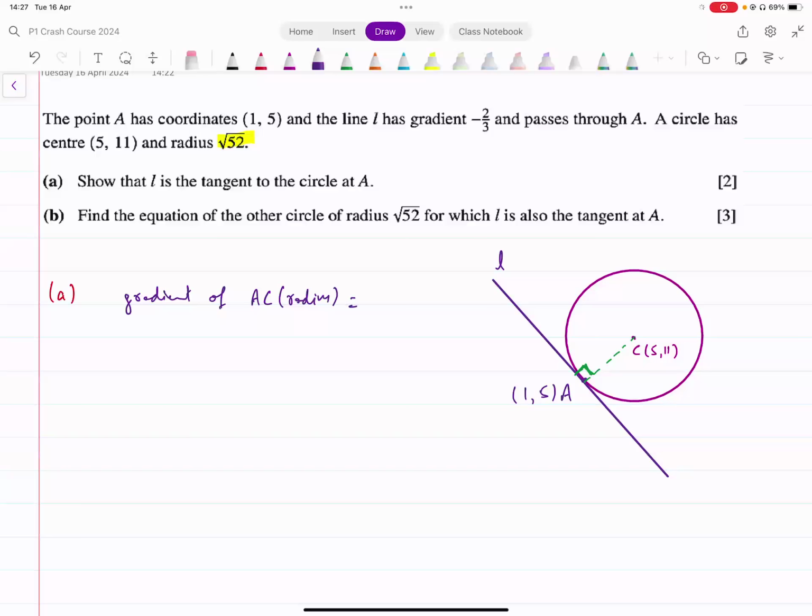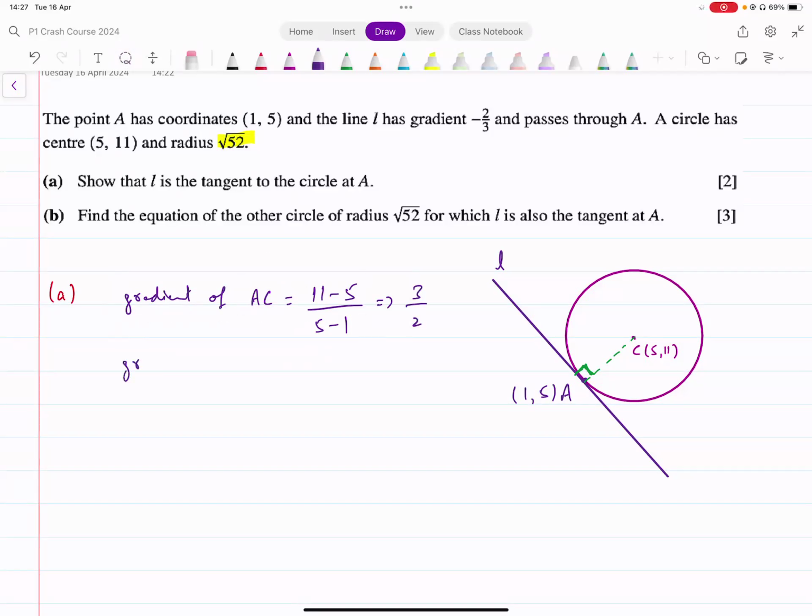Gradient of AC is (11 minus 5) divided by (5 minus 1), and this gives us 6 over 4, which is 3 over 2.